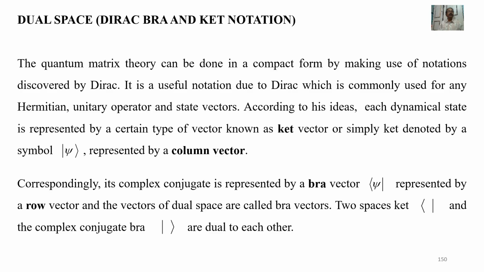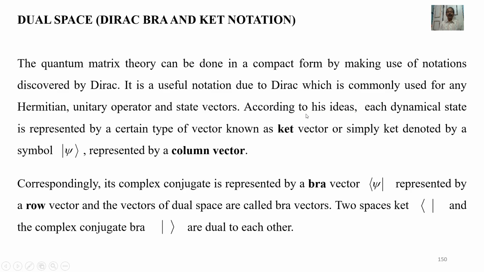Now we will concentrate on dual space. Dirac bra-ket notation. Quantum matrix theory can be done in a compact form by making use of notations discovered by Dirac. It is a useful notation due to Dirac, which is commonly used for any Hermitian, unitary operator and state vectors.